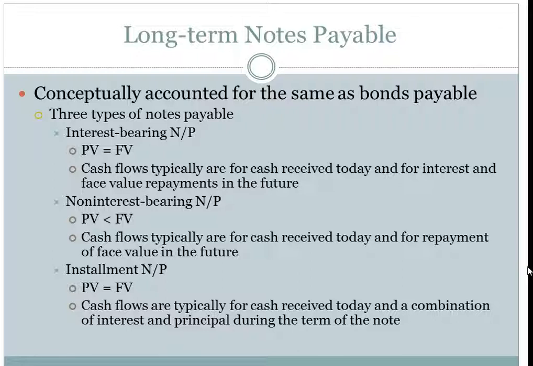The new one is installment notes payable, and that's where we receive an amount of cash today, and then we make periodic monthly or quarterly or semi-annual payments, or maybe even annual payments, and each one of those payments is a combination of principal and interest. In one of the subsequent videos, we will look at how to measure, recognize, disclose, and analyze these various types of long-term notes payable.